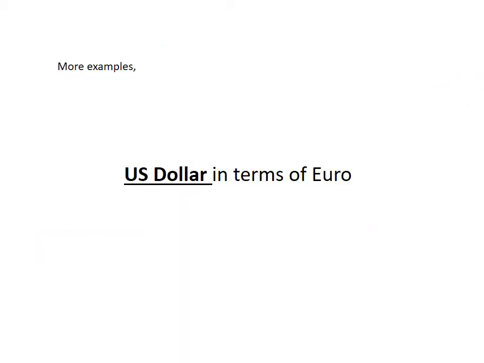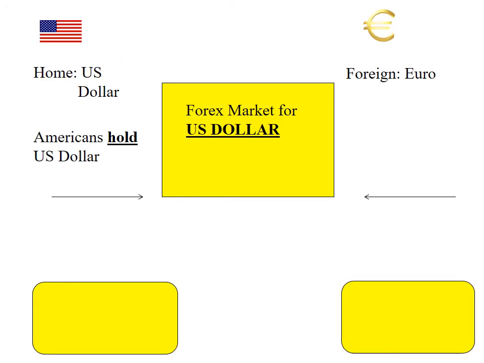Let's try some other examples, okay? If the question comes out, US dollar in terms of the euro, we are looking at the US dollar. All right, we are analyzing the US dollar. So this forex market is on the US dollar. Home side are the Americans. They hold the US dollar. So Americans will sell the US dollars to buy euro. This is a foreign comparison, yeah?